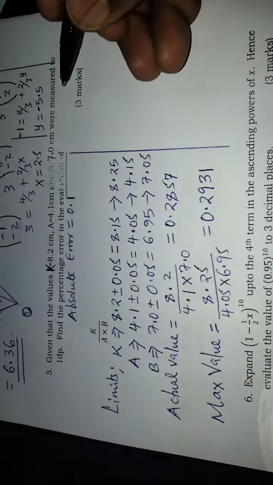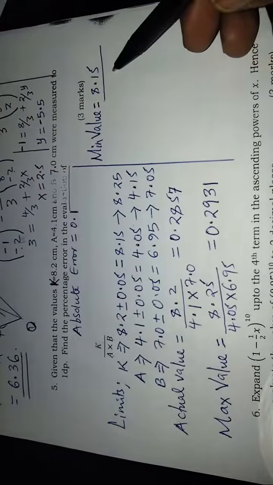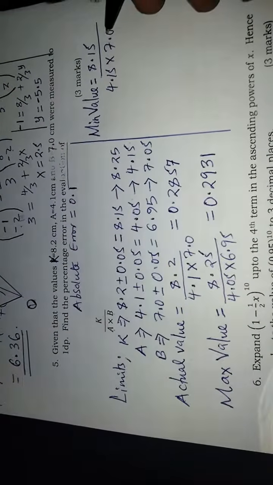Next, I'm going to get what we call the minimum value. For us to obtain the minimum value, we will need the smallest value of K, which will be 8.15, divided by the greatest value on the denominator side. And the greatest values of A and B are 4.15 times 7.05.